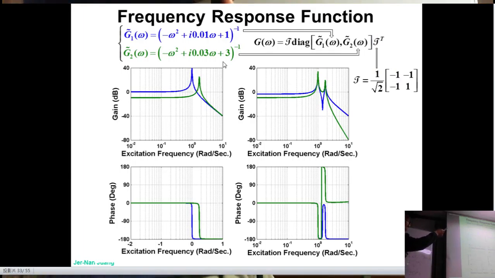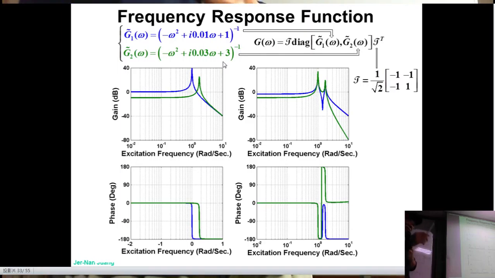And I give you that transformation. That transformation is easy. So if you want to understand the modal transformation, you just look at these examples. You understand this example completely, then you will be able to understand more than 2 degree of freedom systems.